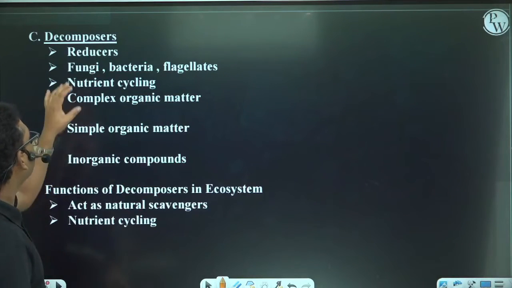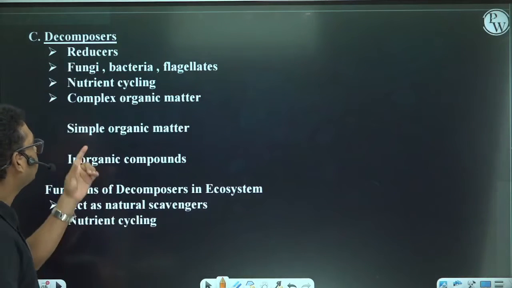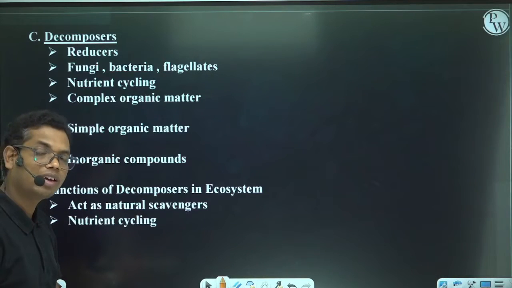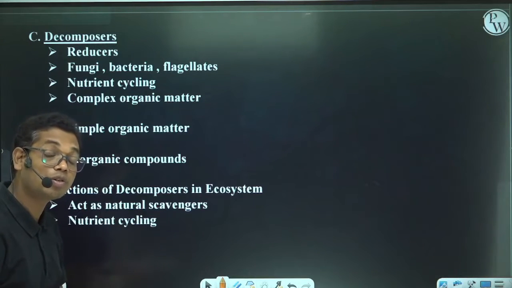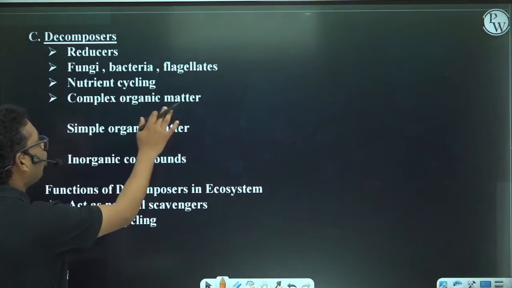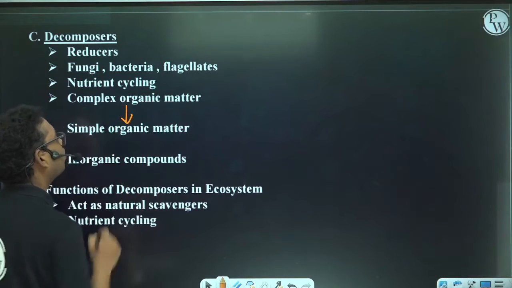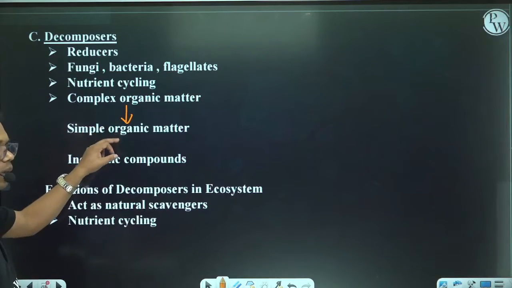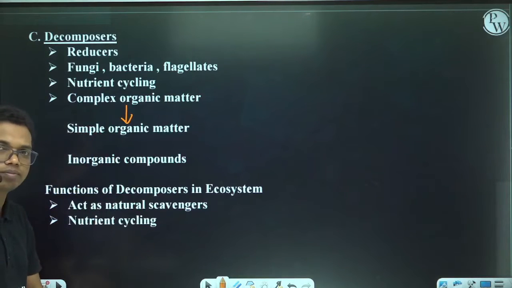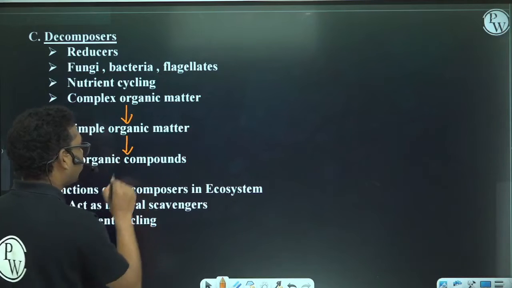So what do the decomposers do? They will decompose the organic matter. The organic matter which is decomposed is called detritus, and detritus is basically complex organic matter. This complex organic matter will first be broken down into simple organic matter, and from the simple organic matter the inorganic compounds will be released.